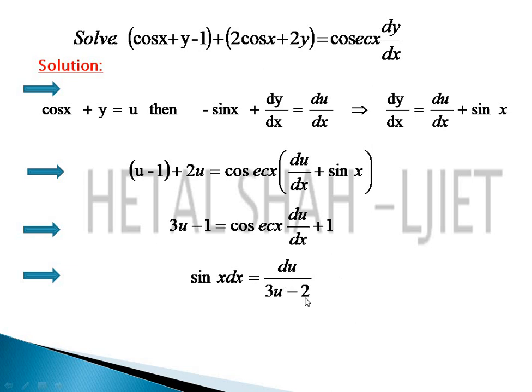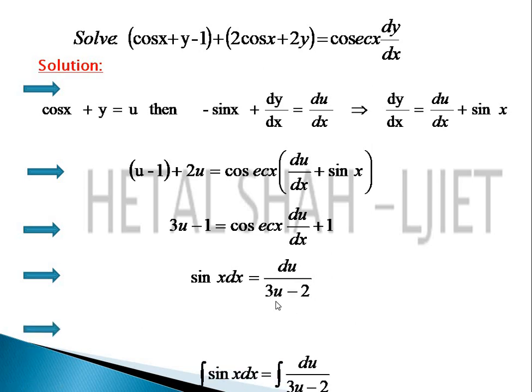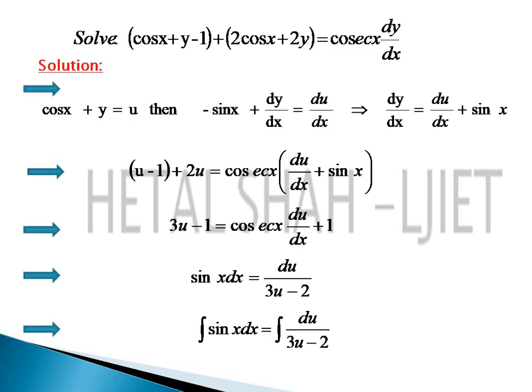Okay, here both the variables are separate, with dx variable x and with du variable u. Now integrate both sides. The integration of sin x is minus cos x, and for the integration of 1 upon 3u minus 2, the derivative of the denominator is 3.